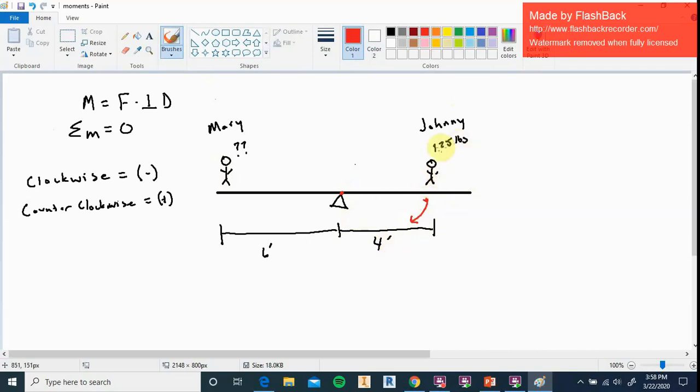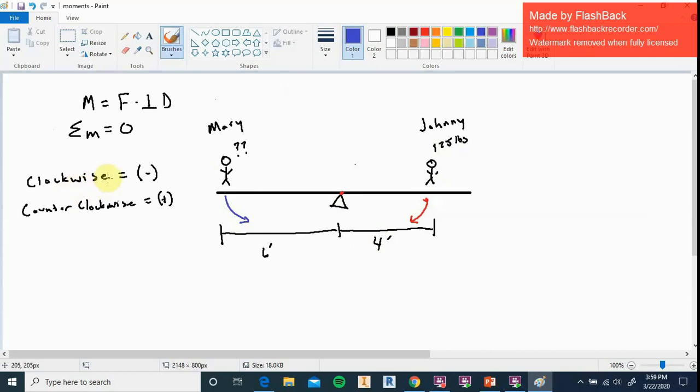And so essentially, Johnny creates a moment on, we'll call it, one side of the seesaw, about this fulcrum here, which the seesaw pivots around. And the same thing is true of Mary over here. So Mary is going to create a moment in this direction.